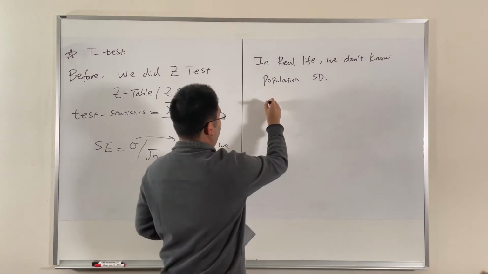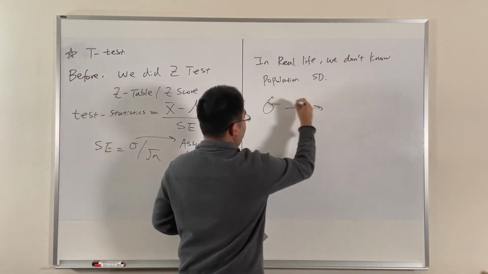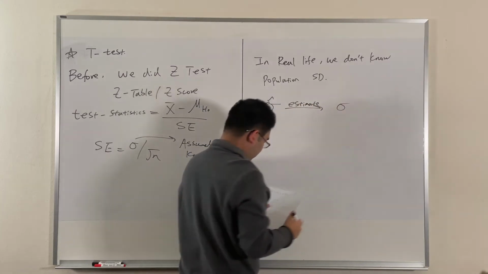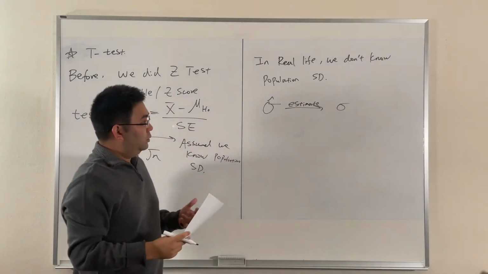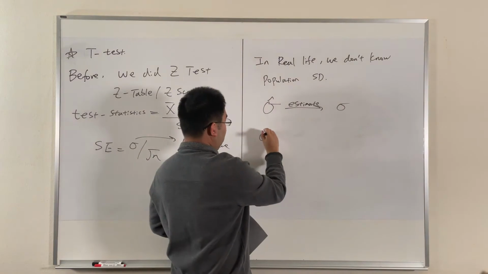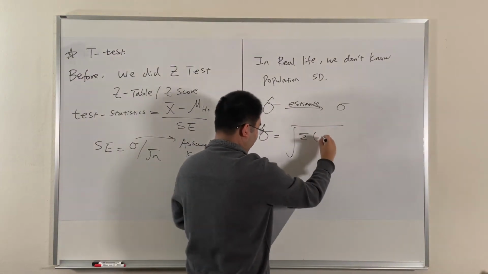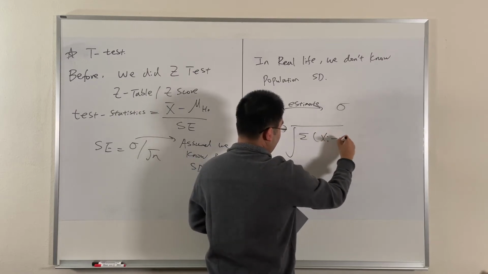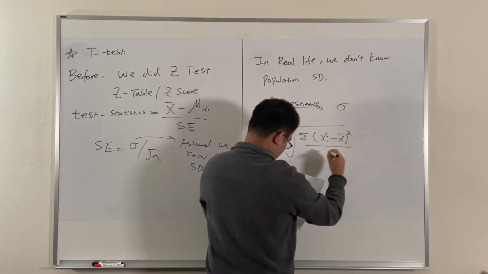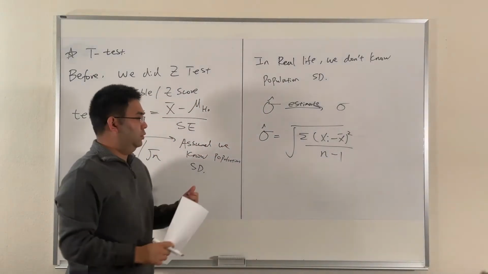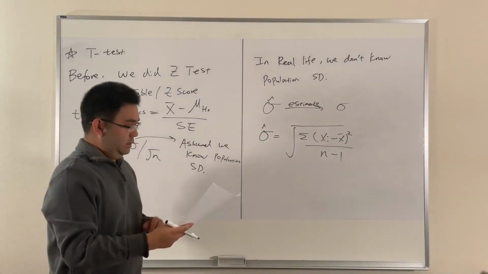So we use sigma hat to estimate sigma, and the formula is sigma hat equals the square root of the summation of xi minus the sample mean, squared, over n minus 1. This is the same formula we learned when we talked about descriptive statistics.